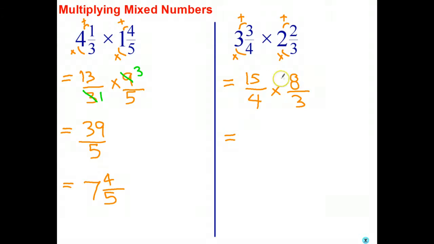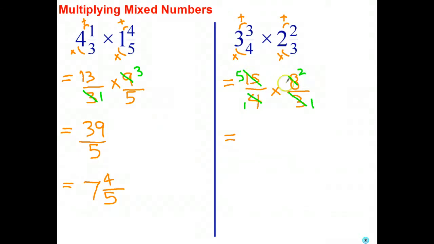So I've got a 15 and an 8 in my numerators, 4 and 3 in my denominators. Let's see, 3 goes into 3 once, 3 goes into 15 5 times, and looking at these two, 4 divided by 4 is 1, 8 divided by 4 is 2, so we can simplify a fair bit.